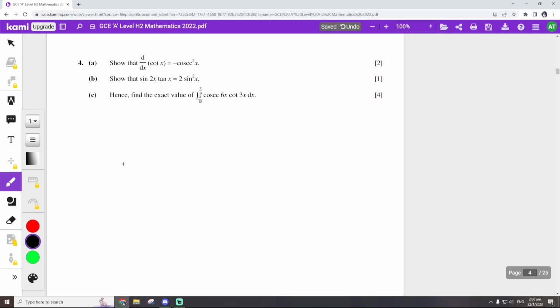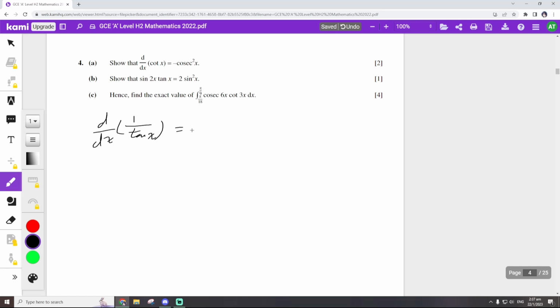Fourth question. Okay, show that the derivative of cotangent x is negative cosecant square x. To do this, we shall use 1 over tangent x. So you will get a negative 1 power, so bring down the minus 1.